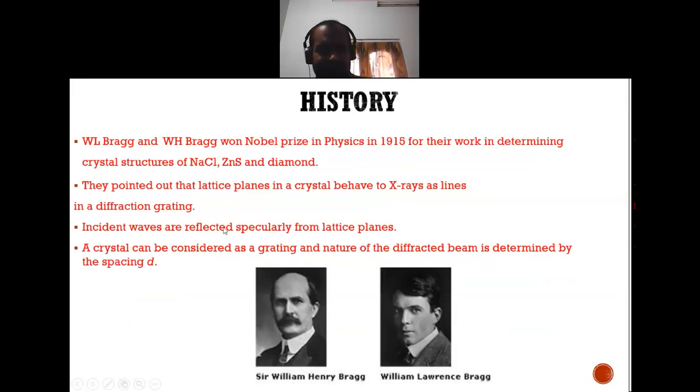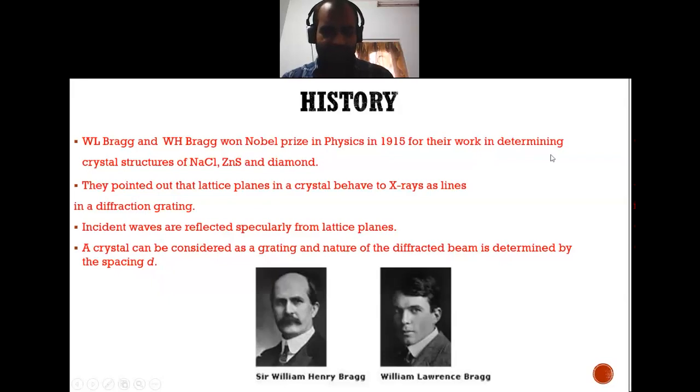In the next slide, I'd like to discuss a brief history of X-ray diffraction. The X-ray diffraction method to study crystal structure was first used by two people: William Henry Bragg and William Lawrence Bragg. They are actually a father and son duo, and interestingly, in the year 1915, both were awarded the Nobel Prize in Physics.